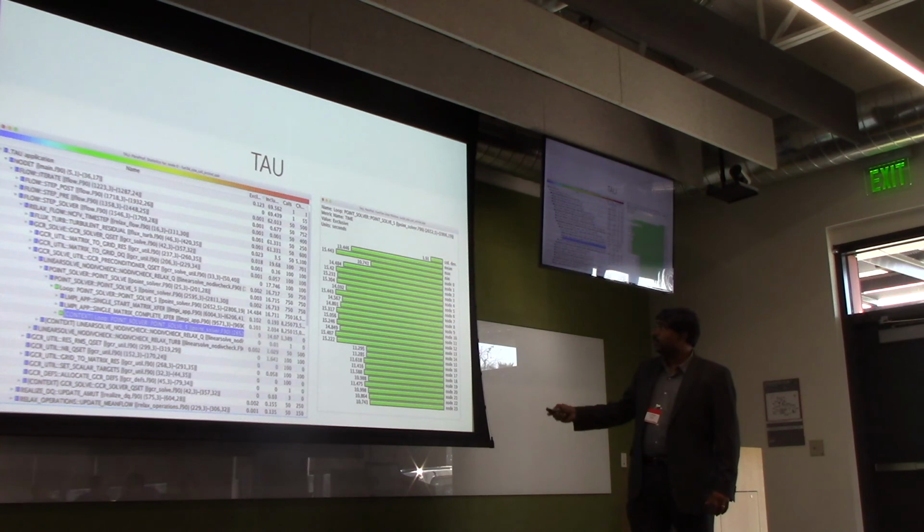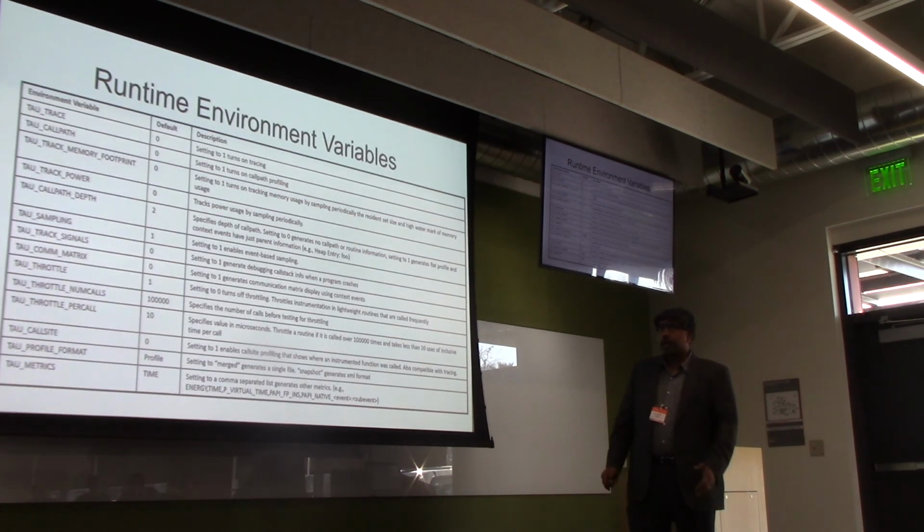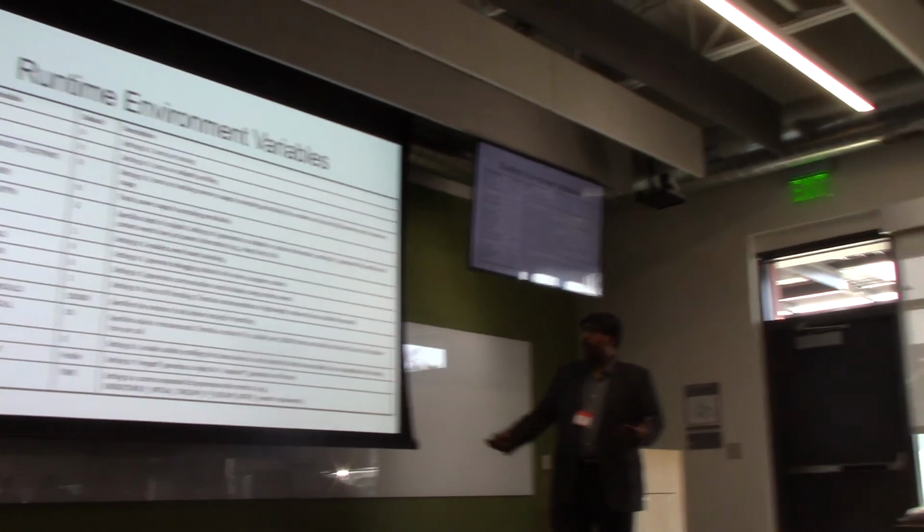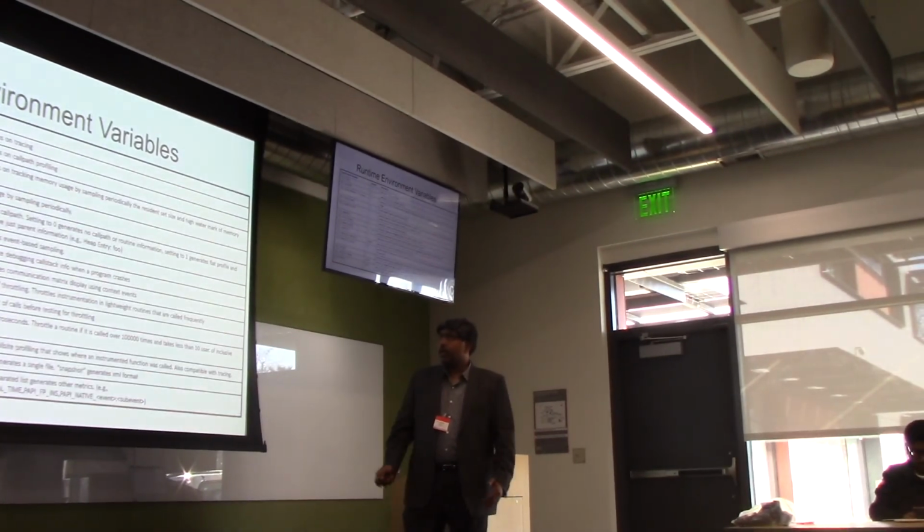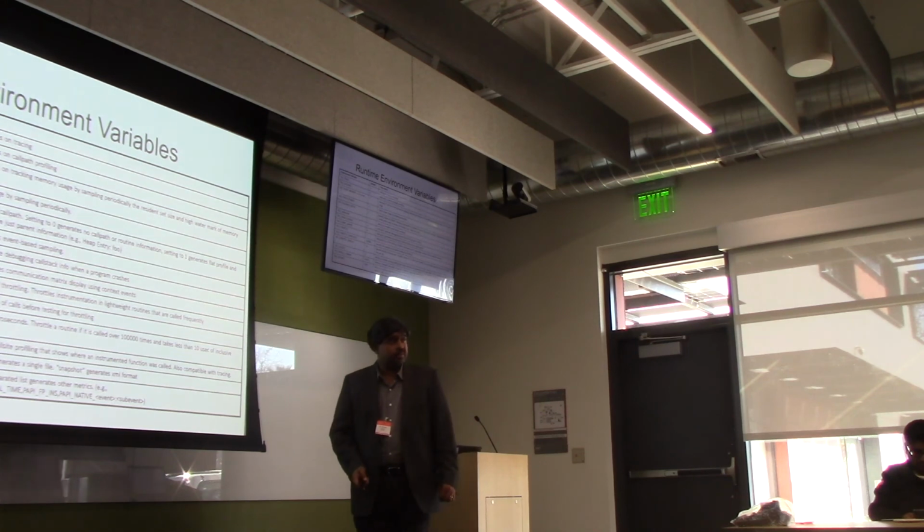and you can see the profile for the solver. Now there are many different runtime parameters that you can set to generate this data, like call path profiling, tracking the memory footprint, looking at the power, or sampling, or even turning on the signals.